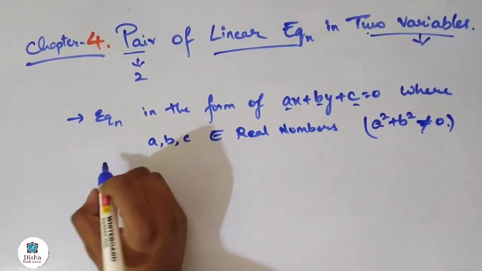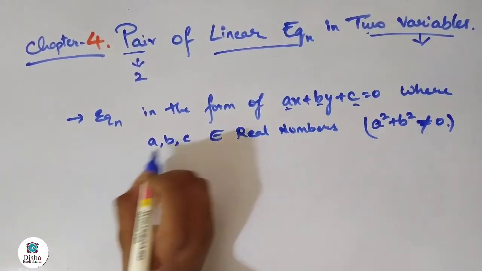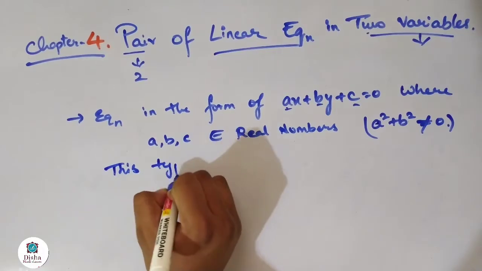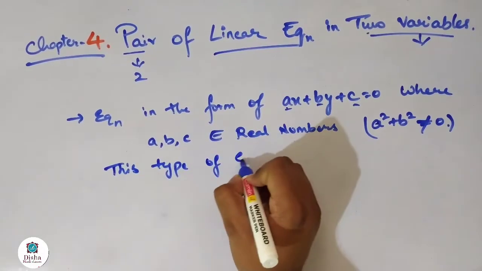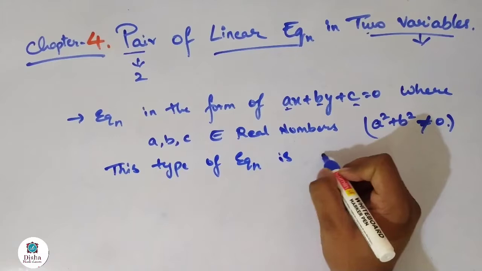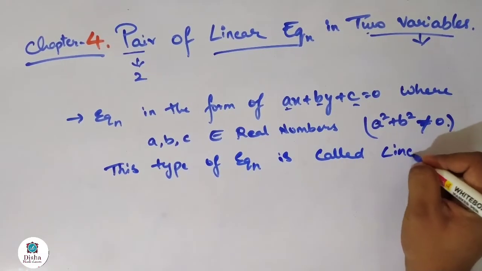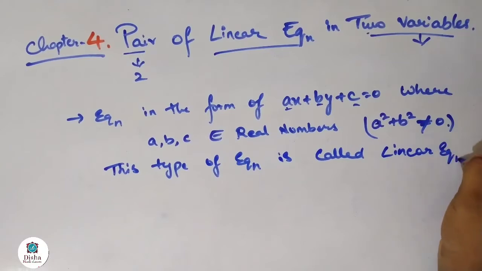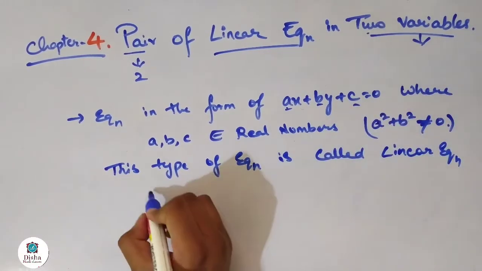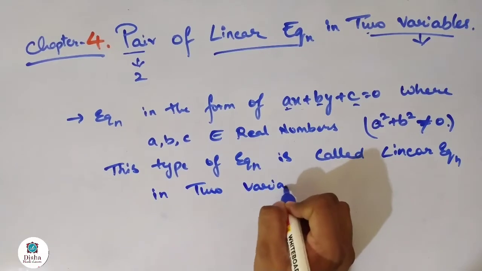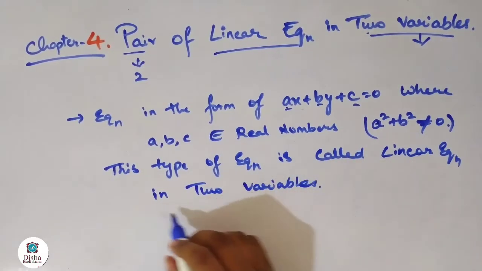This type of equation is called linear equation. We have two variables x and y, so therefore we write in two variables. So this is the definition.